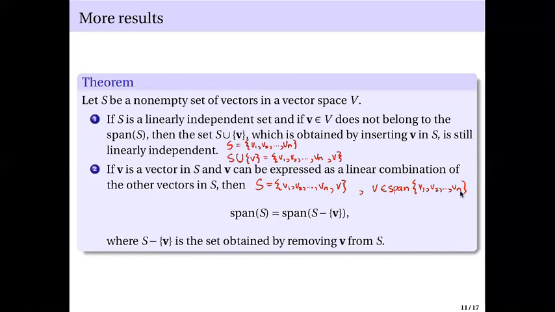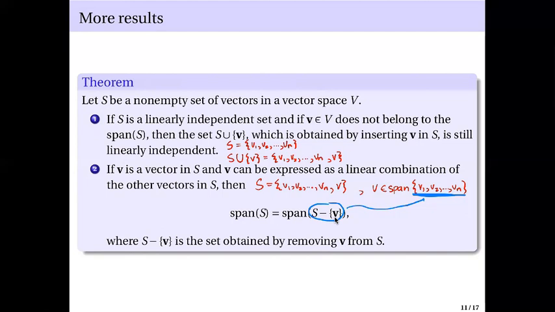Then the span of S, which contains V, is also equal to the span of the set S without the V. Okay?